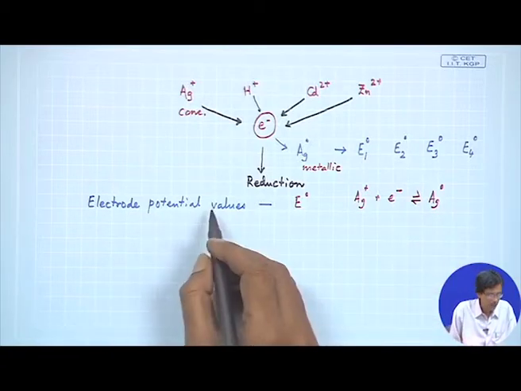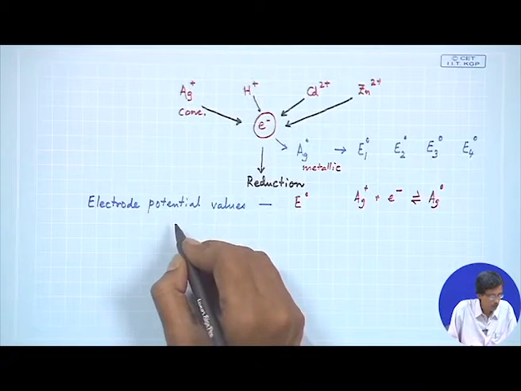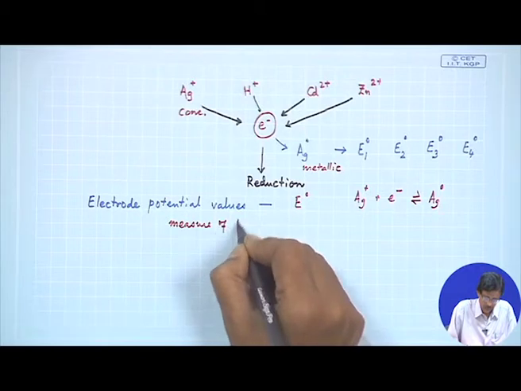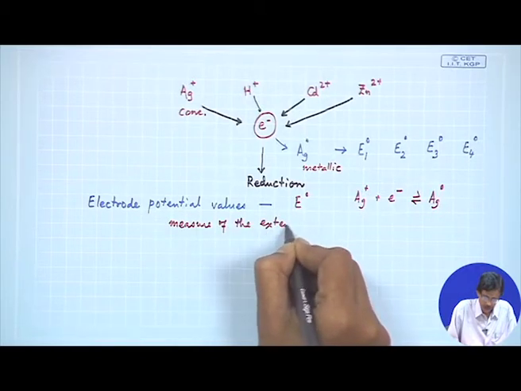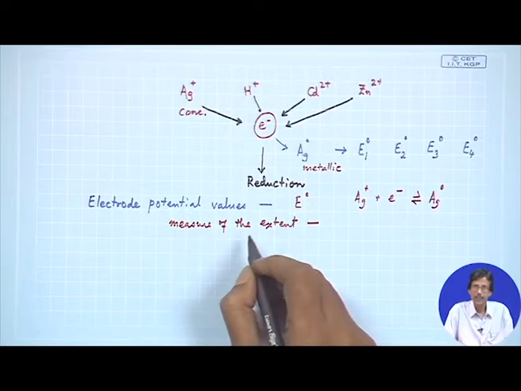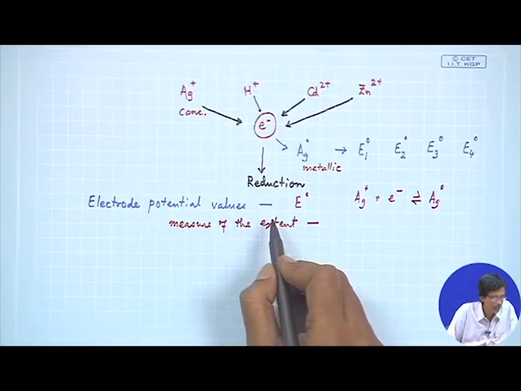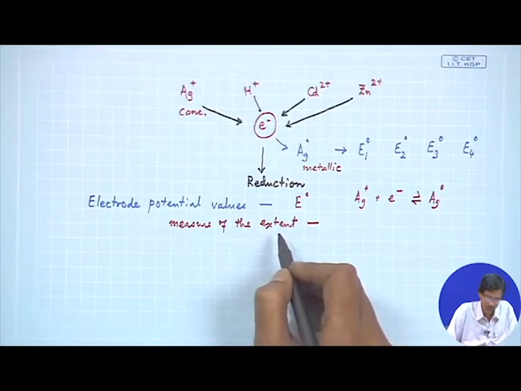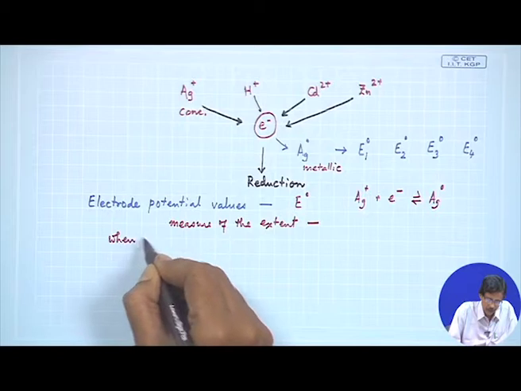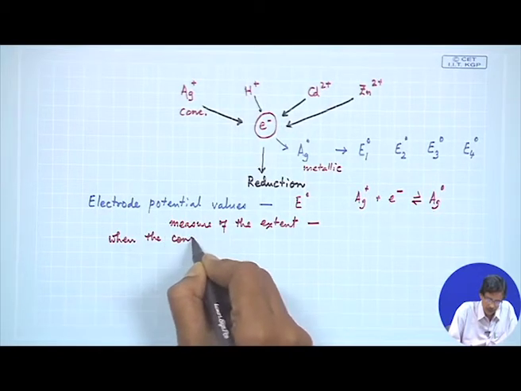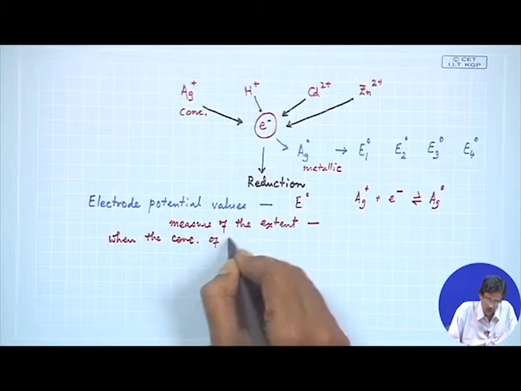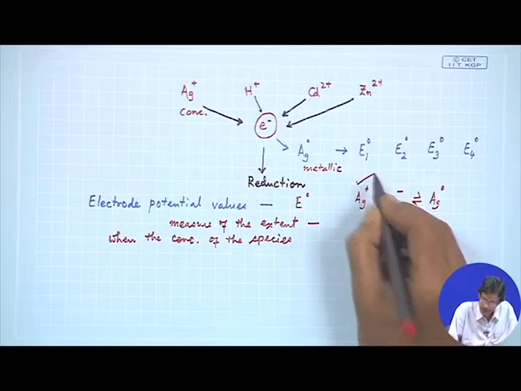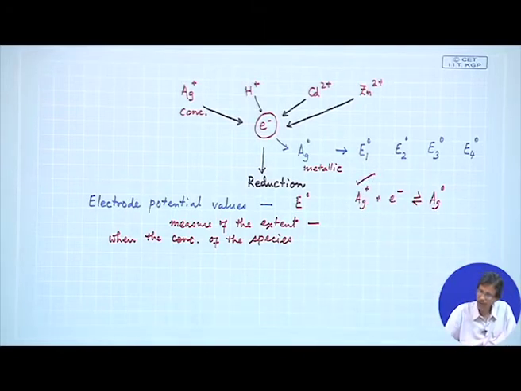So, this electrode potential gives a measure of the extent, that means how far it is away from the equilibrium situation, when the concentrations of the different species in a half cell differ, in this case the concentration of silver ion.